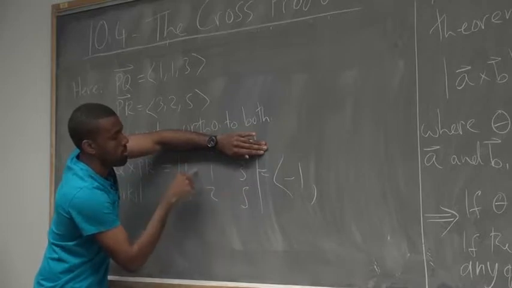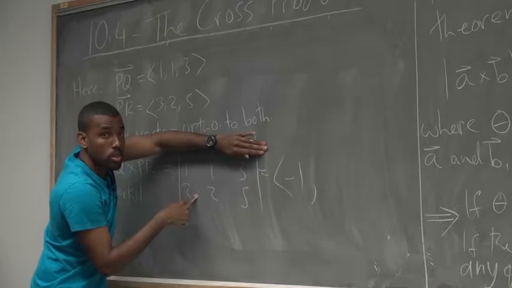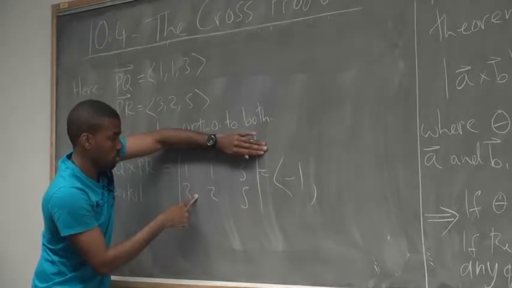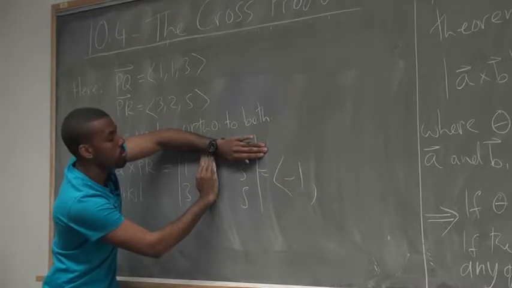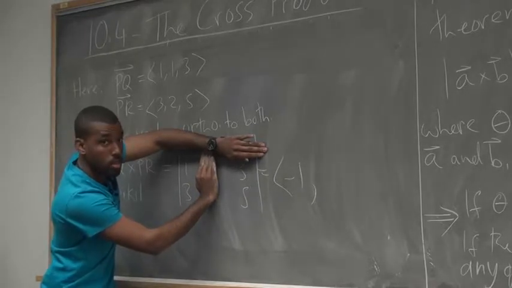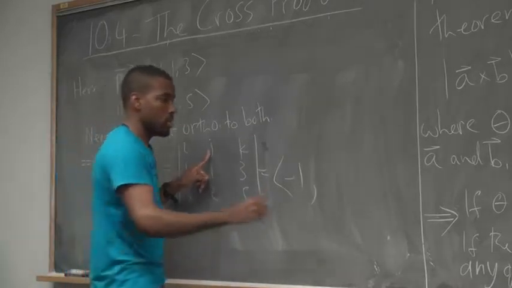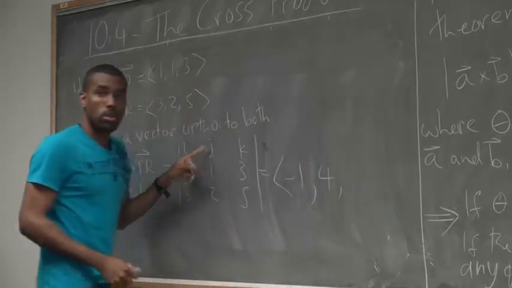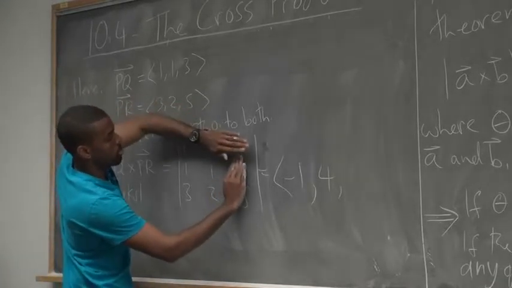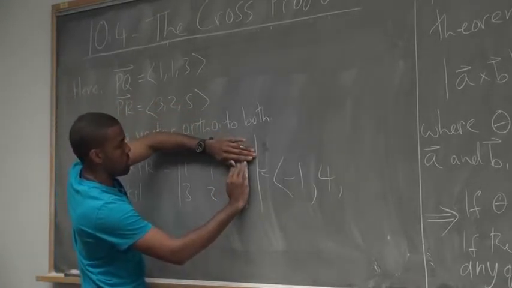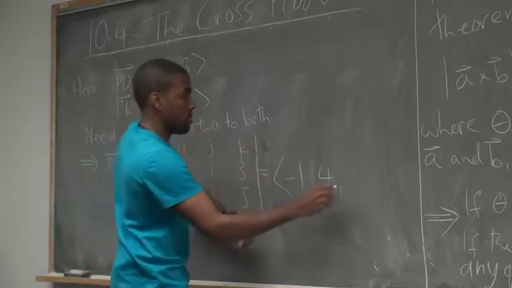This is 5 minus 9, which gives you -4, but remember in the J you switch the sign, so it becomes +4. The middle one you always switch the sign. For the last component, you block out everything in that column and row. 2 minus 3, which is -1.